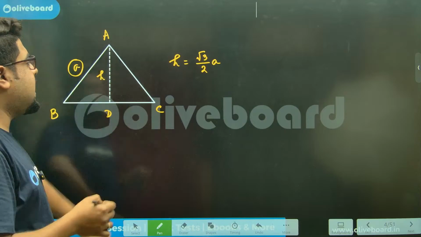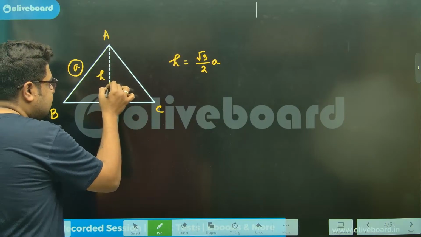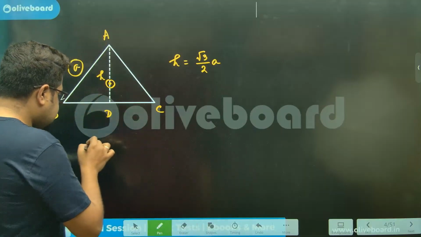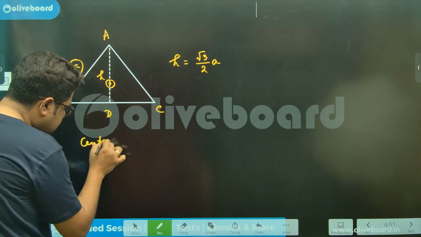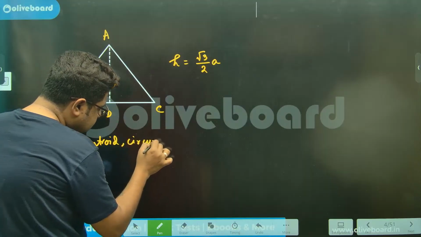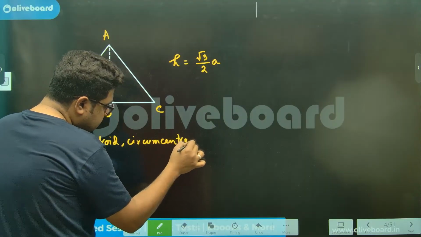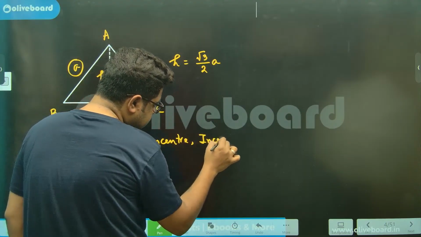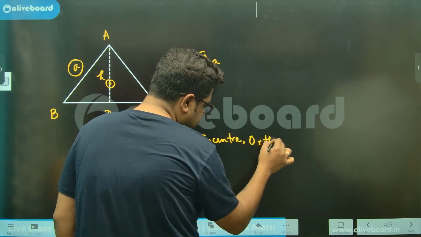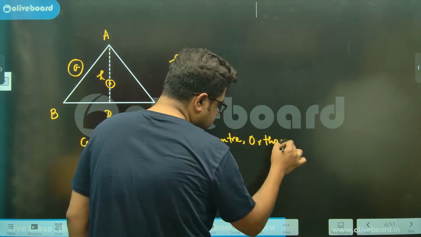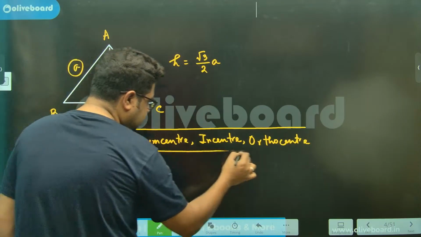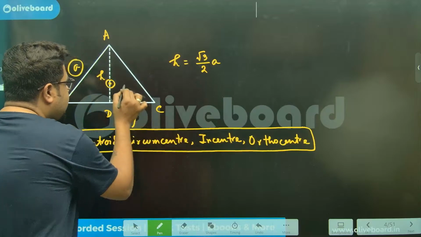Now please understand, in case of an equilateral triangle, the centroid, circumcenter, incenter, orthocenter, all of these 4 points coincide in one point, sir.